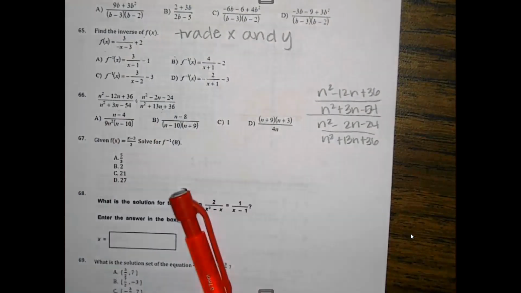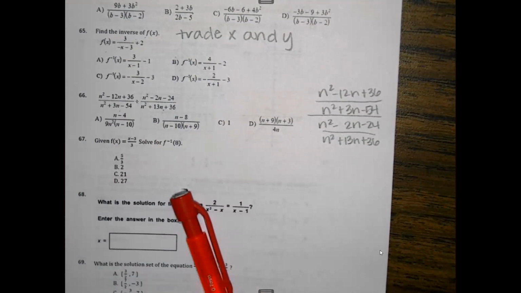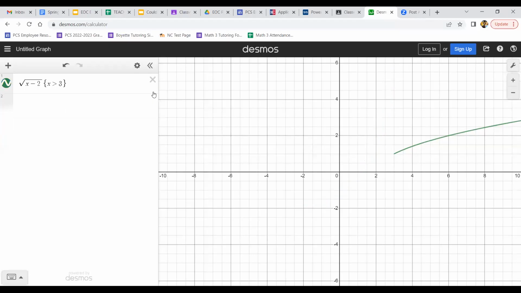And when I type it into Desmos, I'm going to type it the same way. So I'm going to do the big overall fraction first, and then I'll type in the top fraction and the bottom fraction. So I'm going to hit my division symbol, which is my question mark button. Now I'm going to do the top fraction and then the bottom fraction.